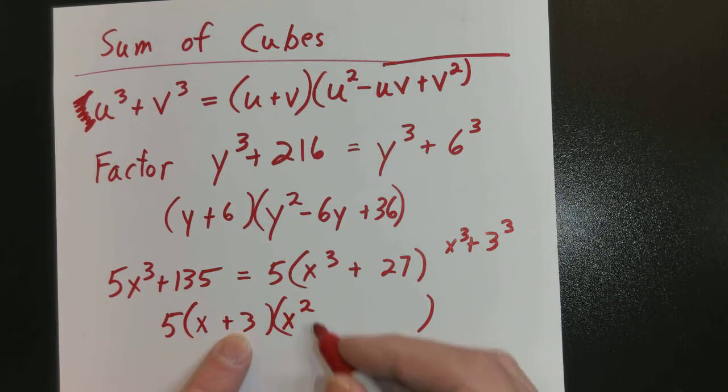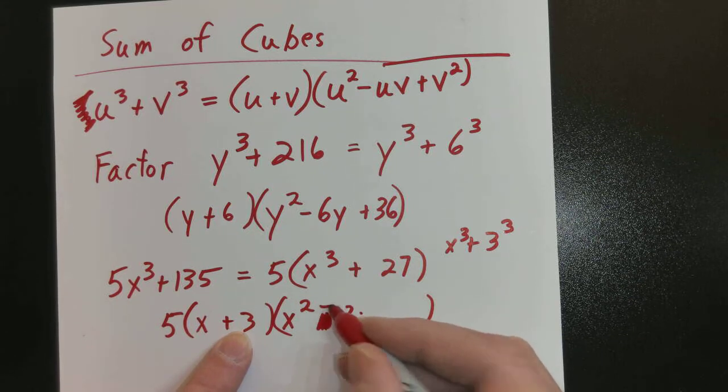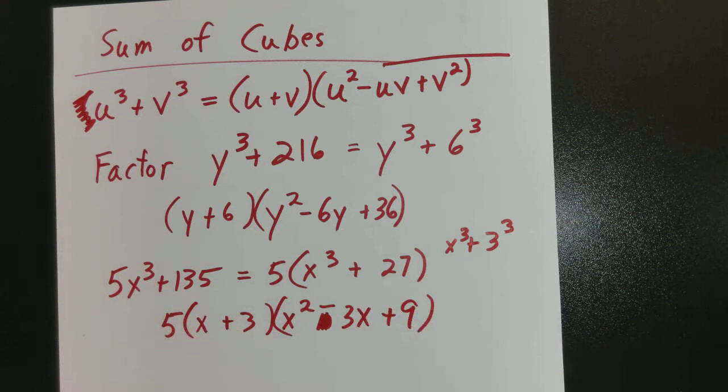Our x squared plus, stop, minus 3x and plus 9. You know what? I've really got to concentrate if I'm not going to mess that up. Are you guys good with that answer? All right. So let's do page 39, 29, and 31.